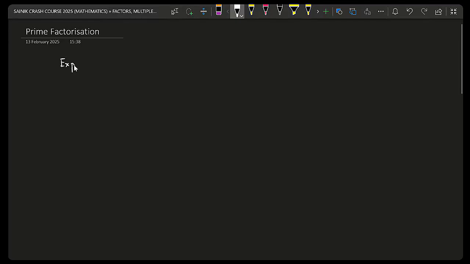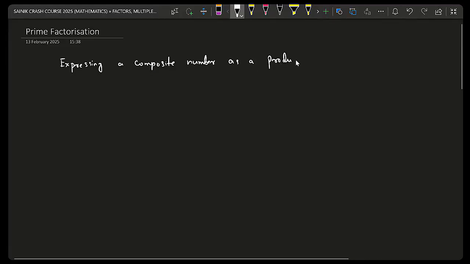Expressing a composite number as a product of prime numbers only. That is called prime factorization.